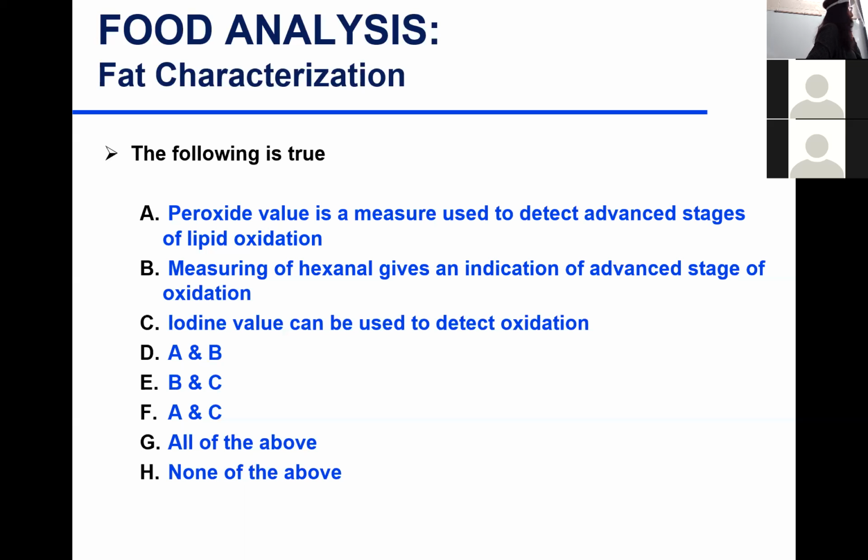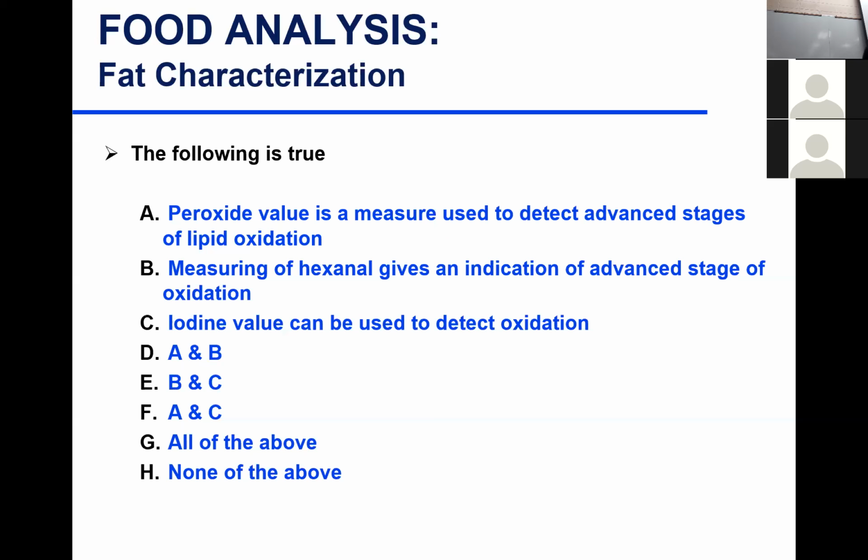Which ones are you sure is not correct? There's one for sure that is not correct. And if you went over fat oxidation in food chemistry, you should know that. Wrong. B is wrong. A is wrong.